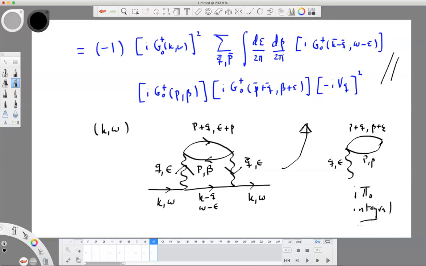So this we will do next time. Next time we'll identify this piece here, and then from this piece we will be able to calculate the dielectric constant with the minimal work possible.